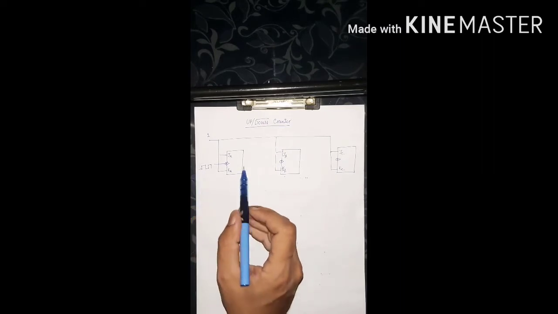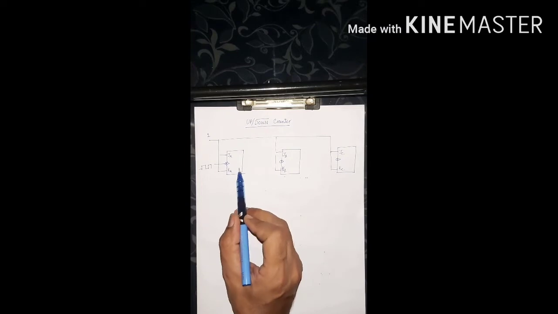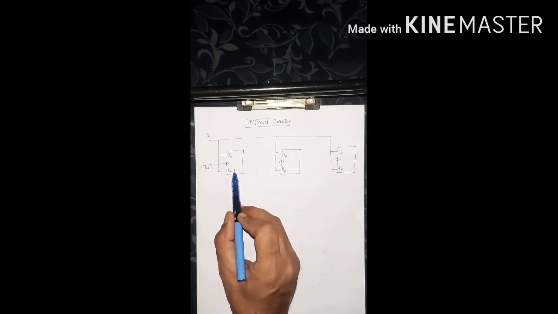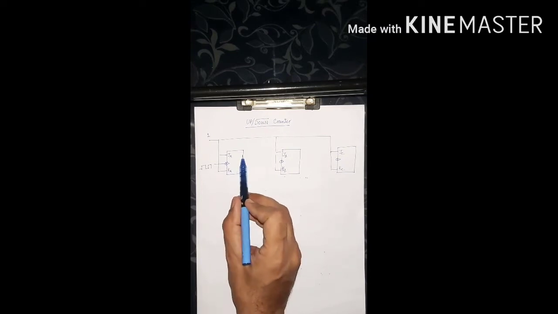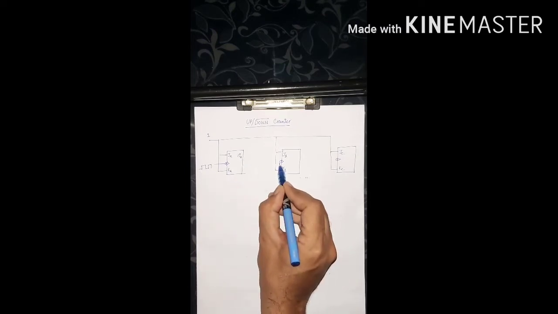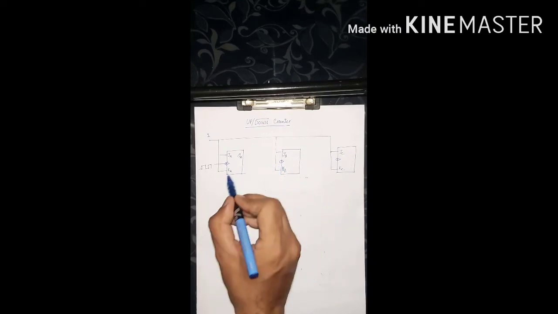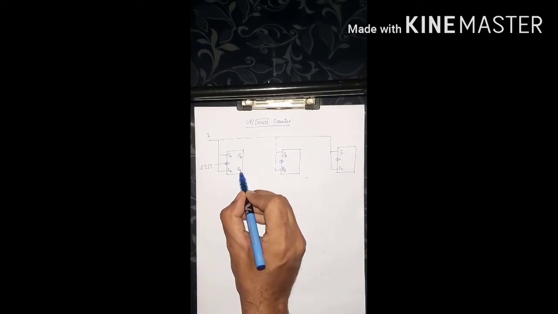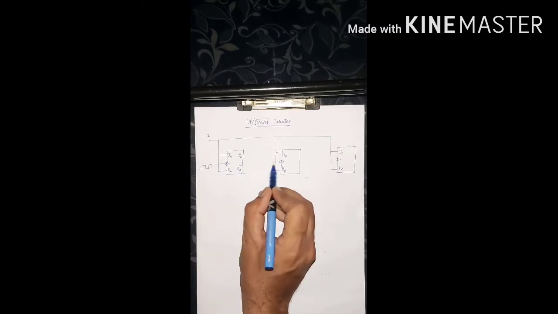Now we have to make a decision that if we want to use them as an up counter, we need to feed this output QA to this terminal, and if we want the circuit to be used as a down counter, then QA complemented output should be fed here.